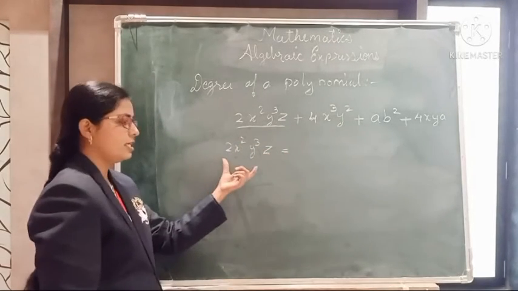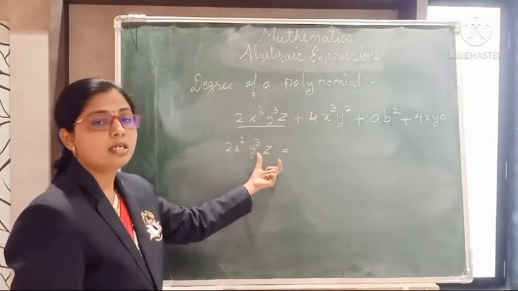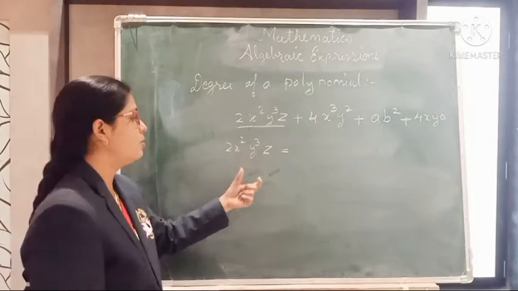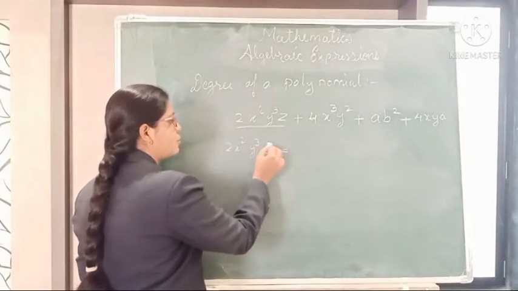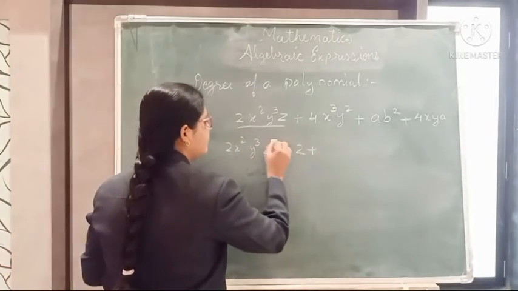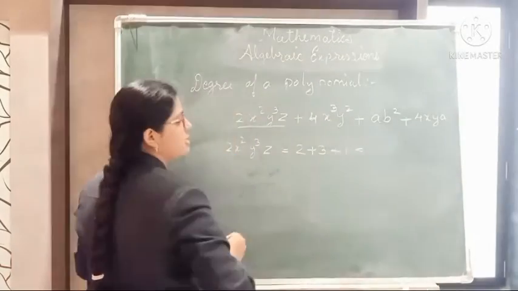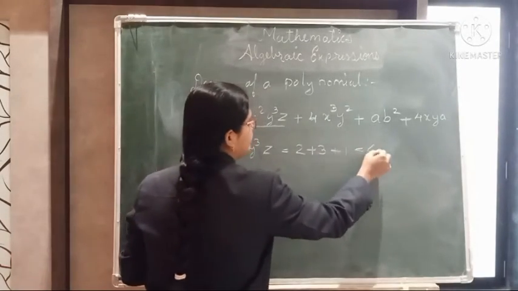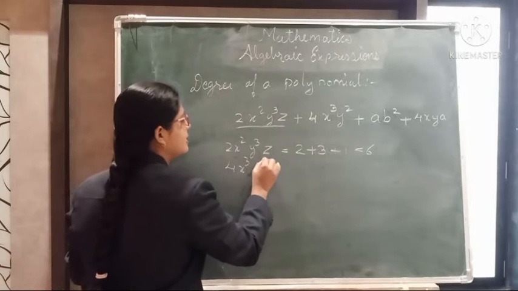Here you have to add the powers of all the variables. Three variables are there. The power of x is 2, plus 3, plus 1. So what will be the answer here? 6.